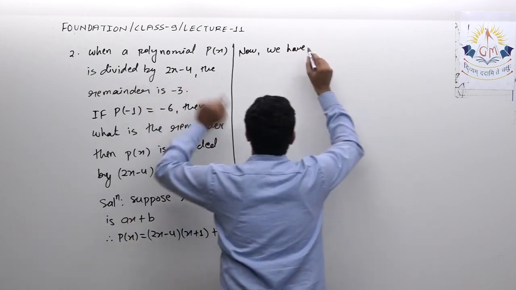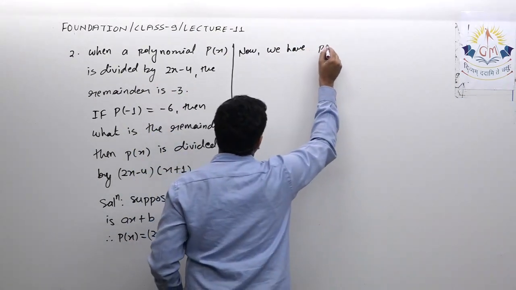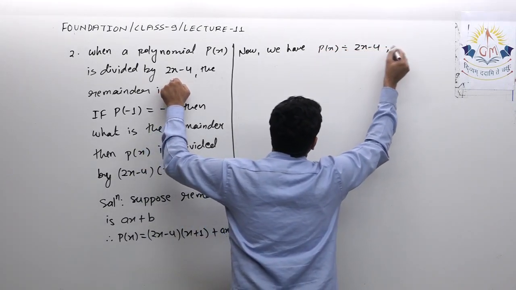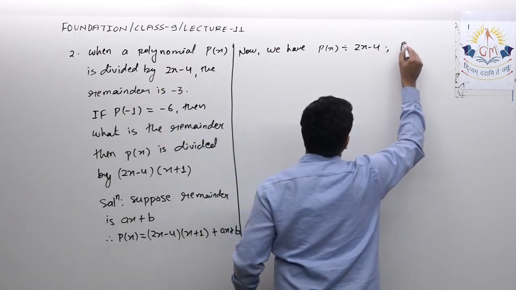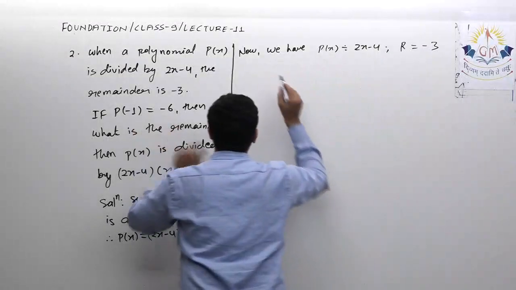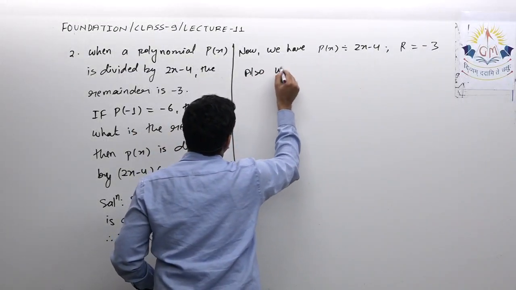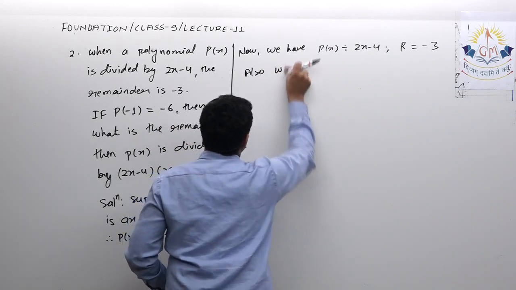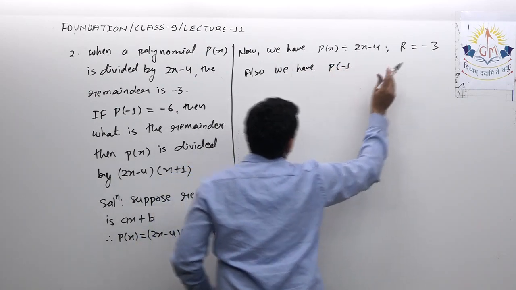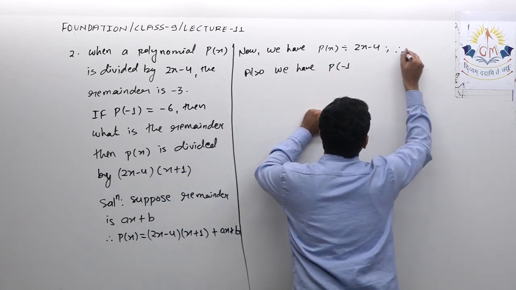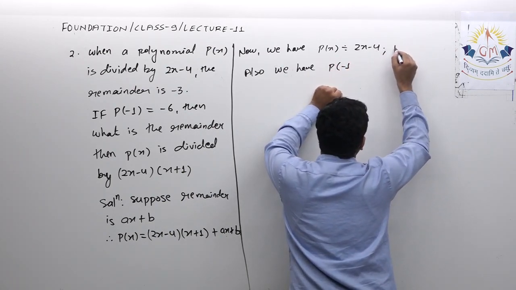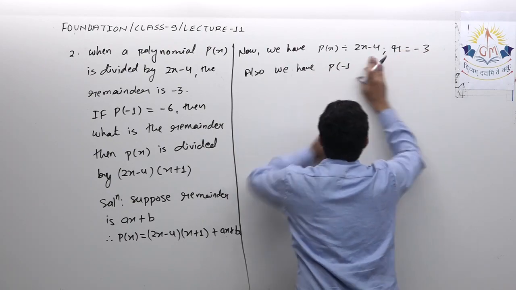When p(x) is divided by 2x minus 4, it gives remainder minus 3.